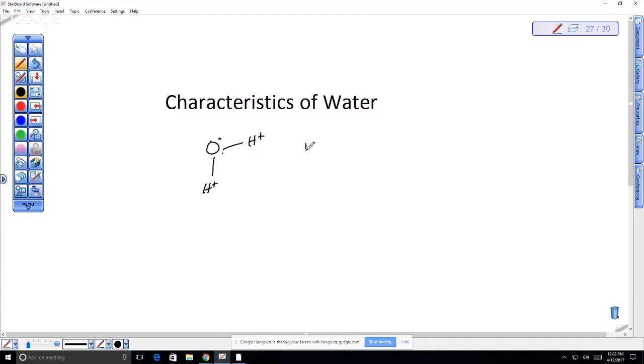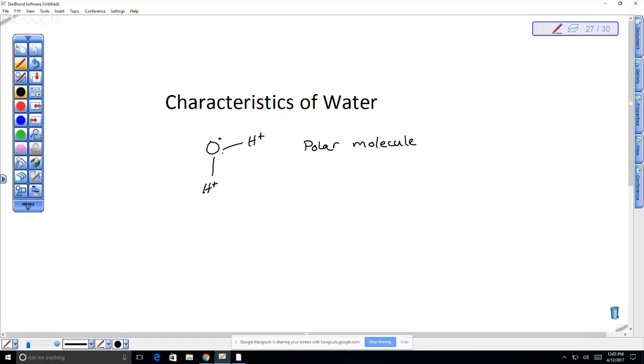And so this would be an example of a polar molecule because the electrons are not shared equally. And polar molecules tend to be very reactive molecules because they are going to be attracted to other molecules that have similar or actually opposite charges. Right? So a lot of the characteristics of water have to do with the fact that they are polar molecules.